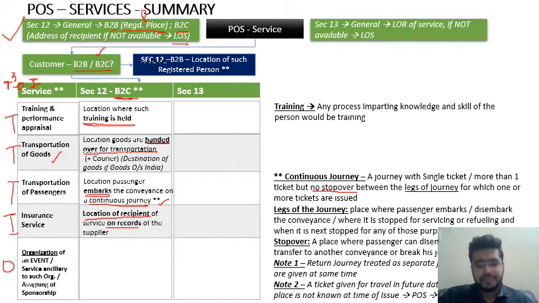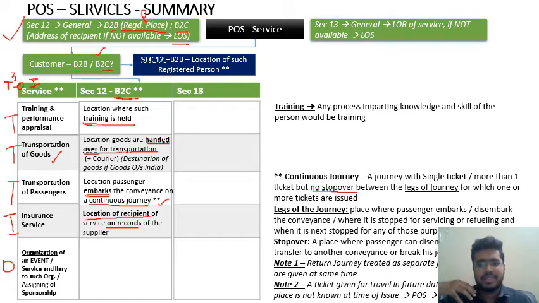So let's say you are located in Chennai, and you have recently moved to Bangalore for your job, right? So now you are going to take a health insurance for you and your parents or your wife and children, and you're covering your family, right? So the family, let's say, is located in Chennai, and you are working in Bangalore.